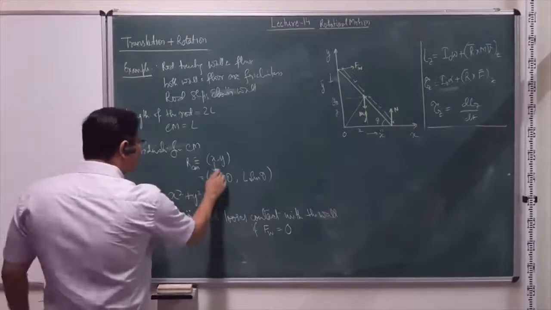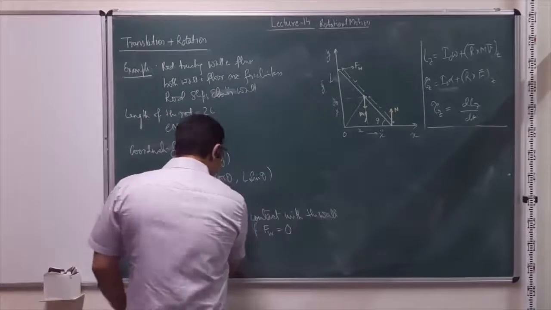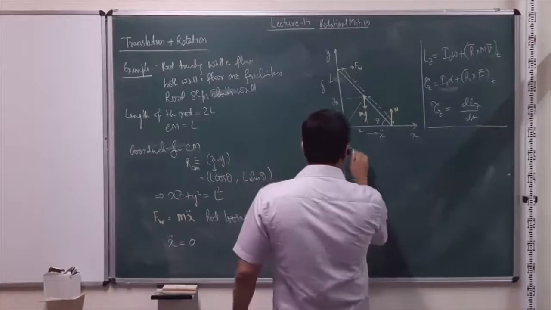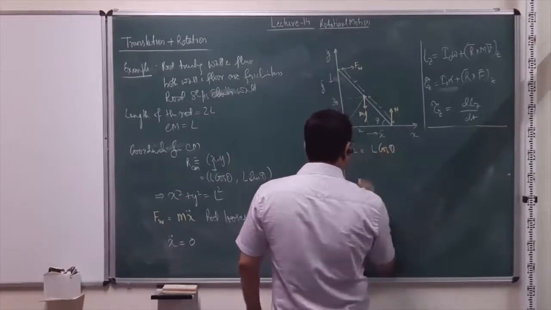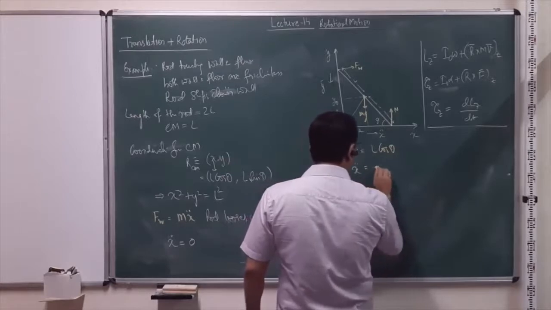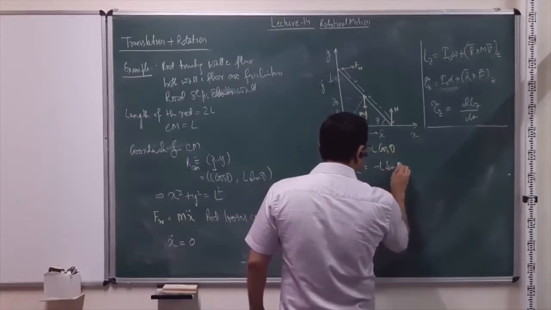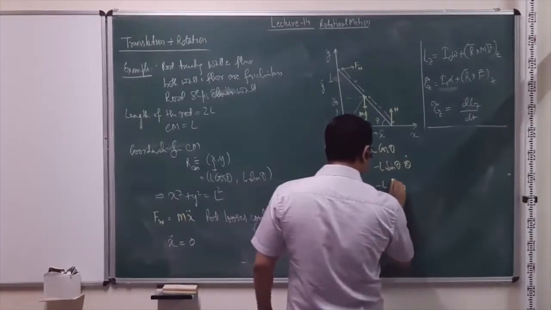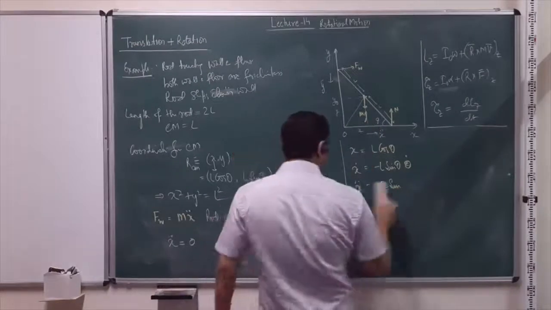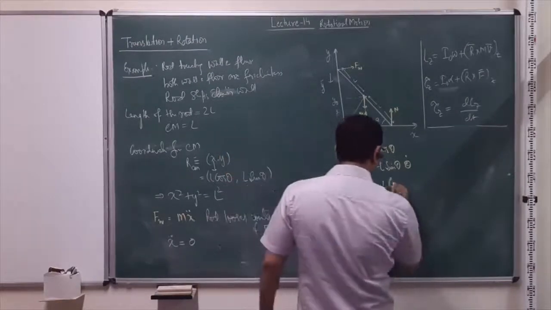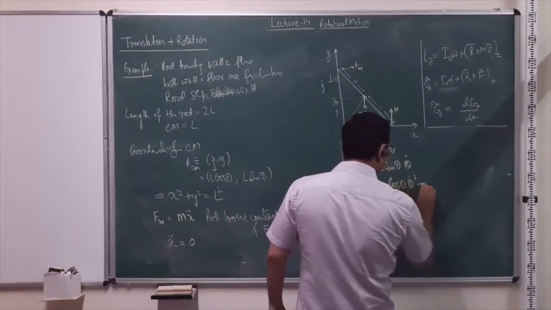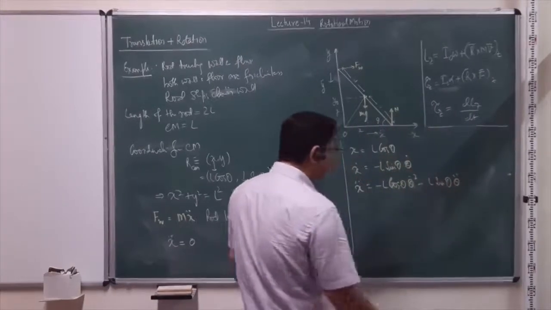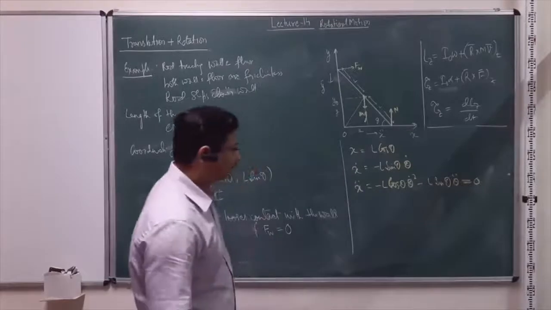And now since we know x is L cos theta, we can write this down. So let us do that. Okay, let me do it here. So x is L cos theta. So you can write down x dot, that is minus L sin theta, theta dot, and similarly x double dot is minus L cos theta, theta dot squared, minus L sin theta, theta double dot, and this is equal to 0, right?